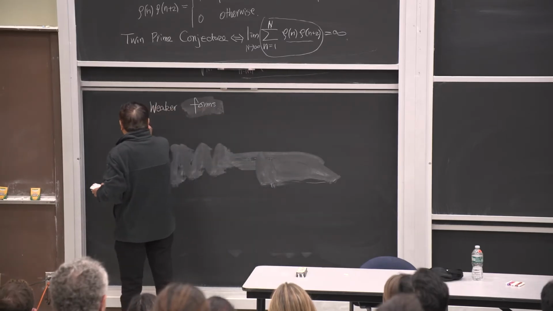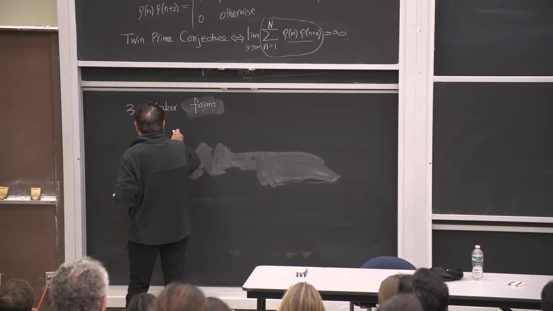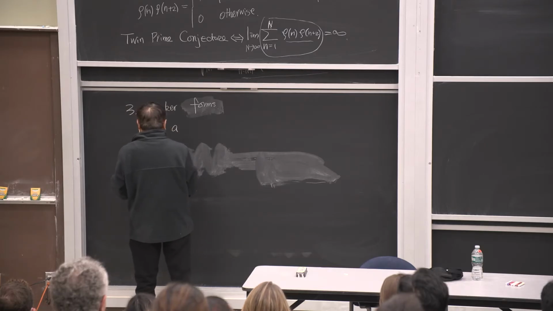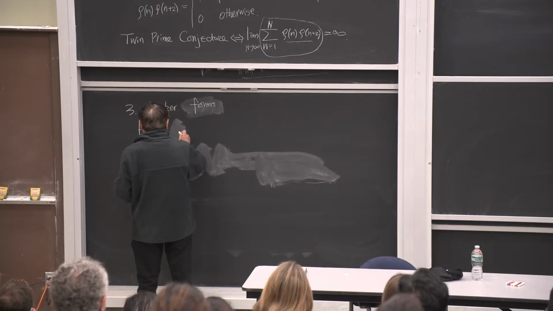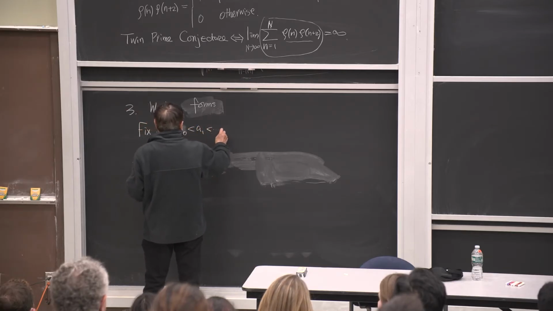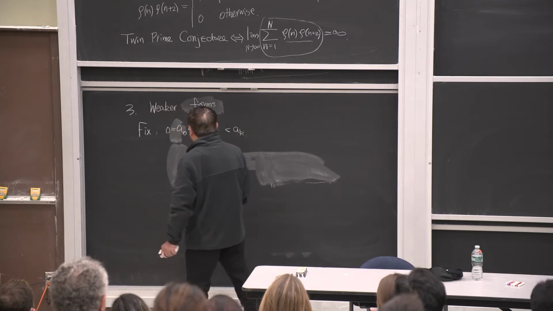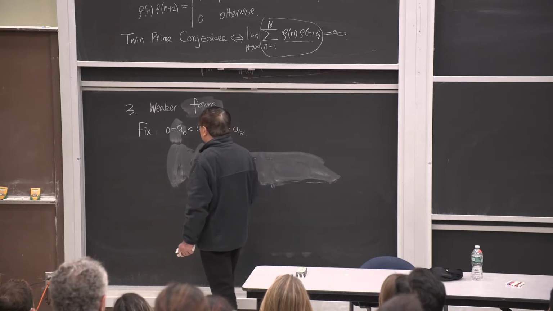So fix a sequence, and we say this is a positive a_0 equal to 0, less than a_1, less than a_2, less than a_k. But it is fixed.